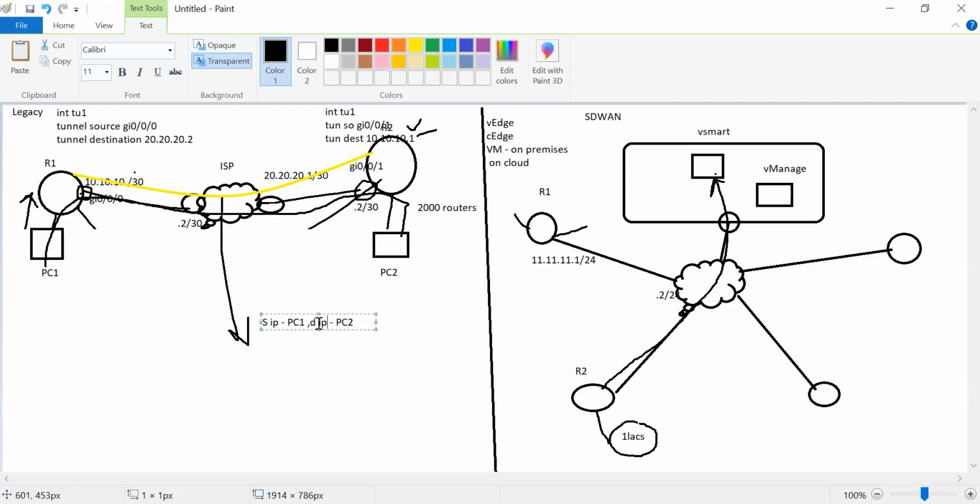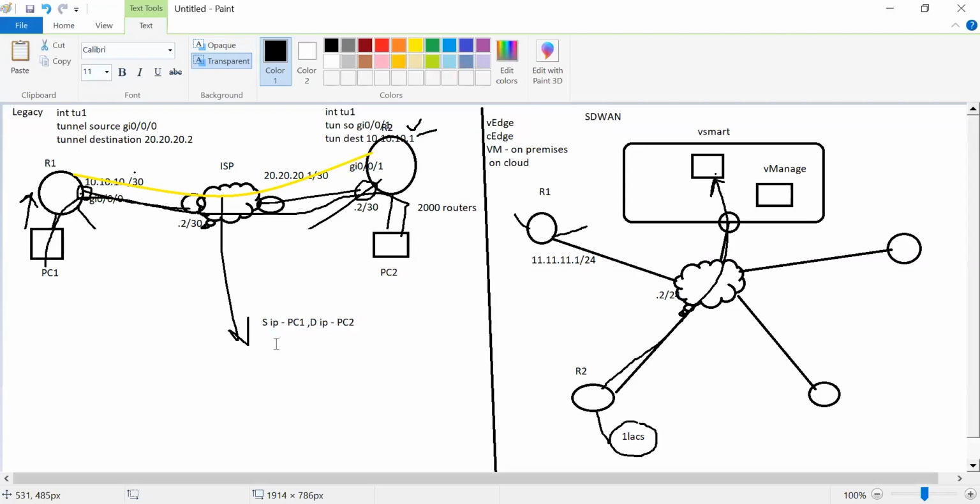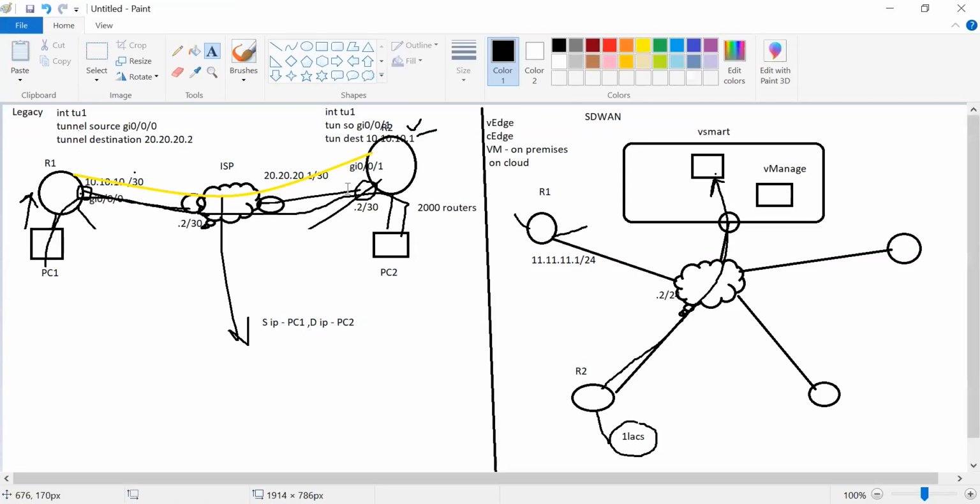Okay. So this is when packets are traveling on the underlay path and we are taking Wireshark, sitting on the ISP side. But when we are sending our traffic via this yellow tunnel and we do Wireshark on the ISP side, what would be the source IP?